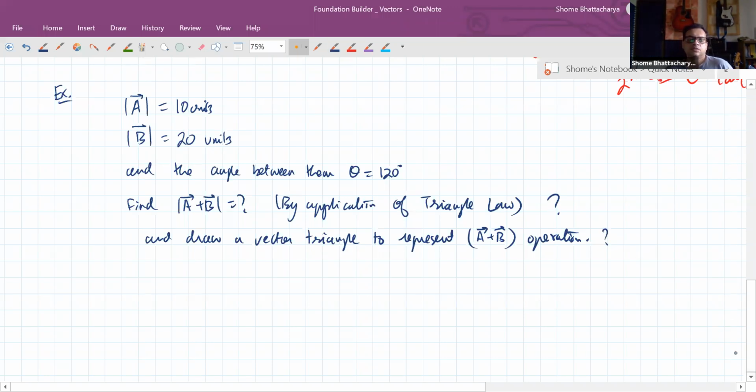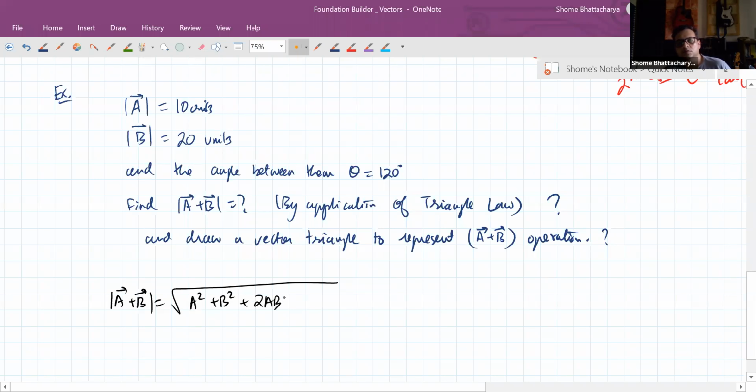Okay, so let's start with the formula. The first thing in the question obviously is that we'll use the formula. By now we are all used to this formula: root of A square plus B square plus 2AB cos theta. So in this we will substitute magnitude of A as 10, magnitude of B as 20, but theta is now the important thing.